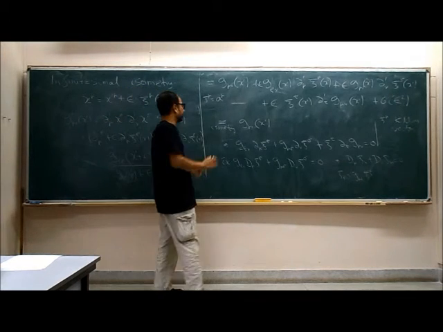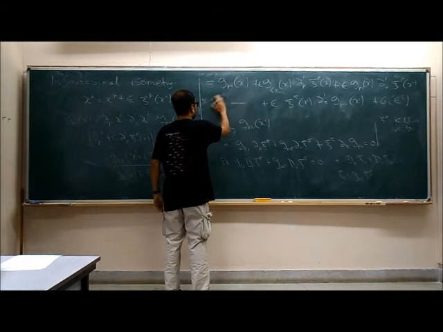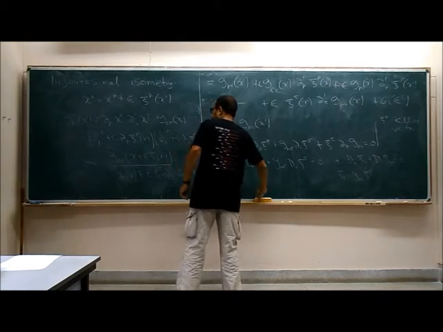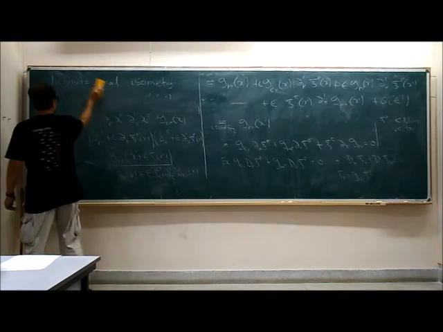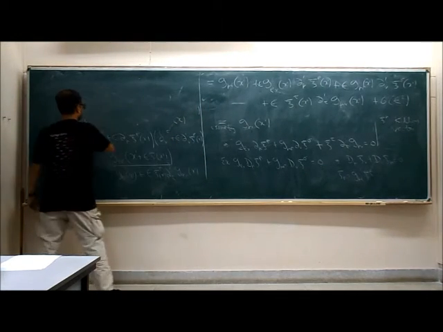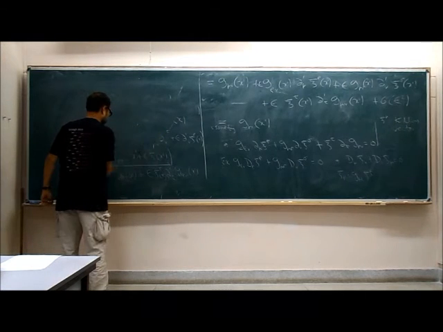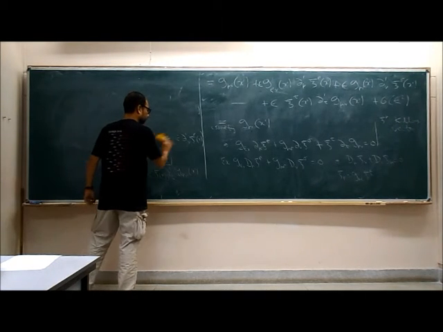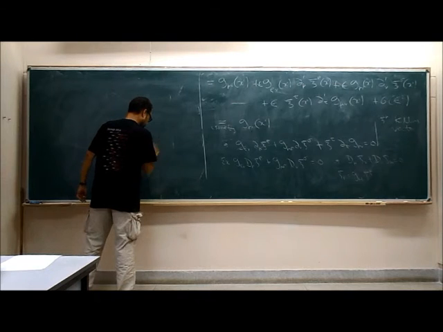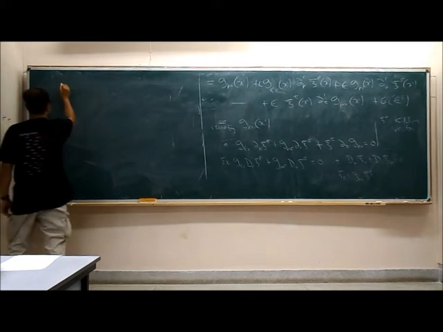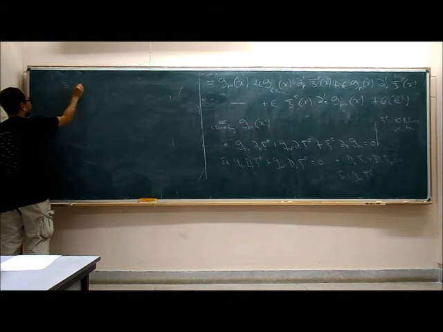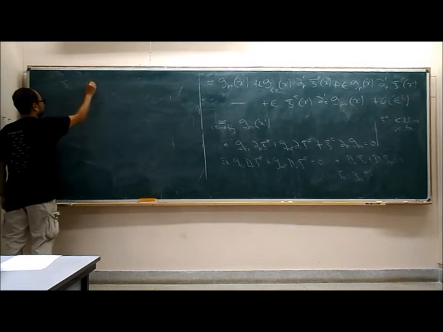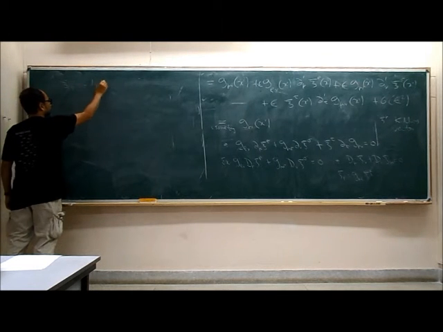The first Killing vector xi1, let me label it by this, is 1 0 0 0.